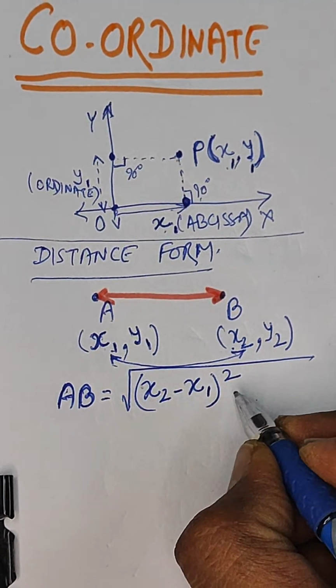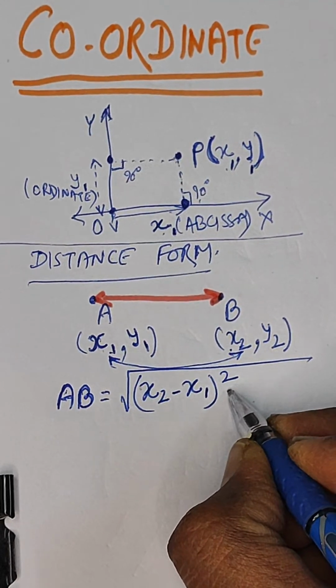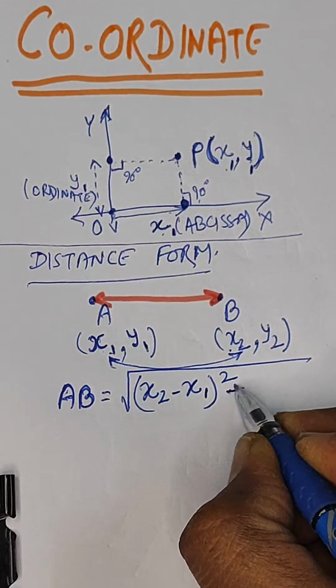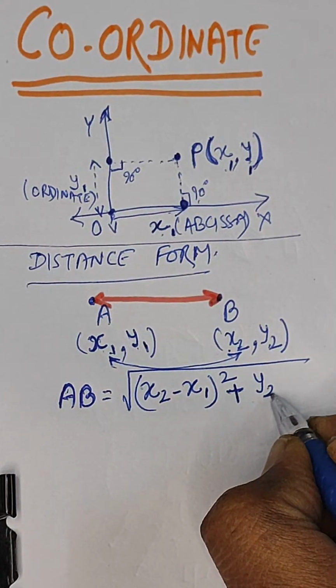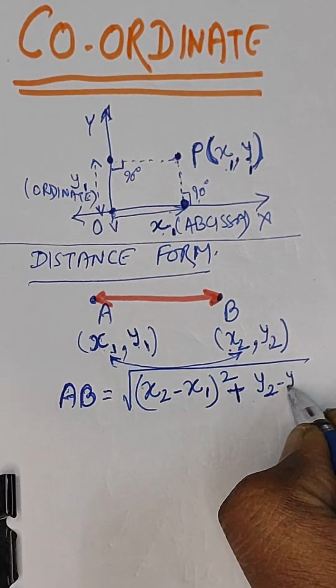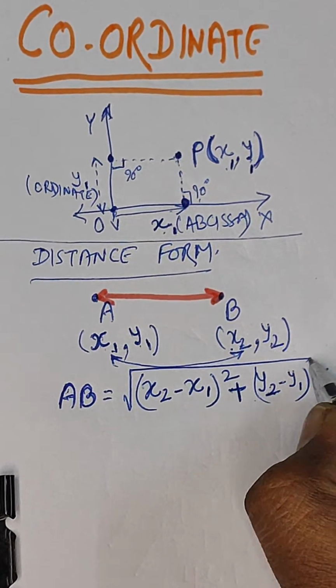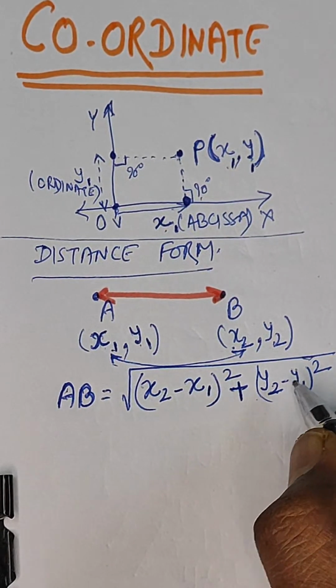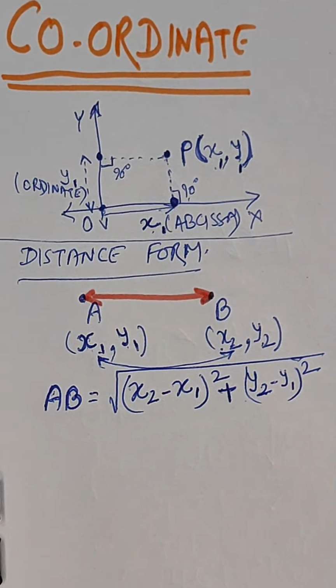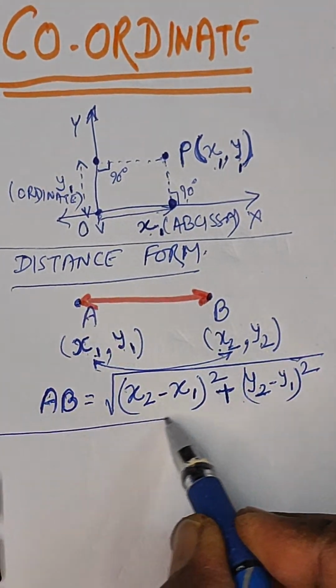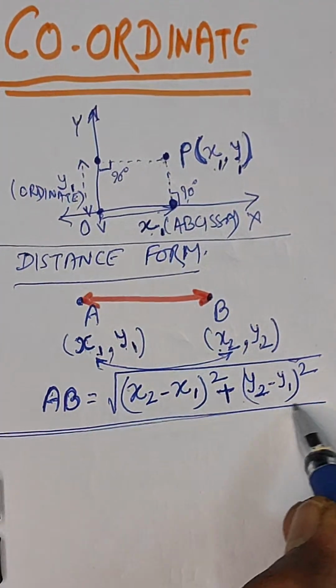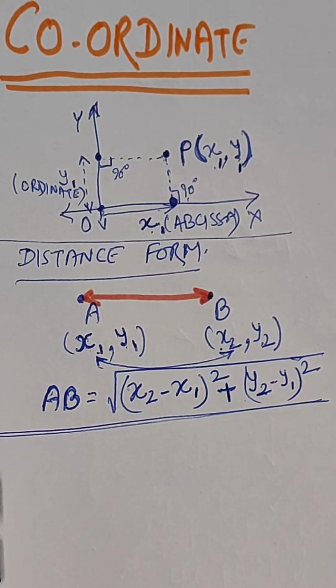So x2 minus x1 whole square plus y2 minus y1 whole square, that is the difference between the ordinates, whole square. We will see the application of this in our questions gradually. This is the distance formula which you need to remember.